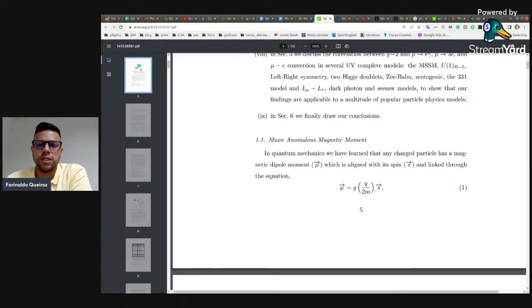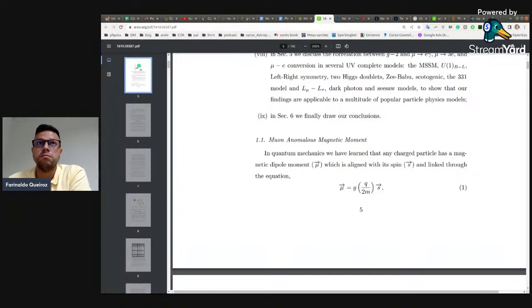As you see, they are vectors. So if I can somehow know in which direction the spin of the particle is pointing, I know in which direction the dipole moment is pointing. If I know the particle involved, in other words the charge and the mass, and if I know the spin, I know the dipole moment.